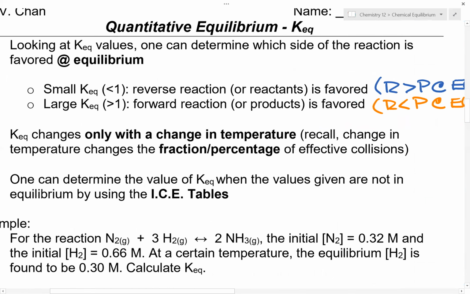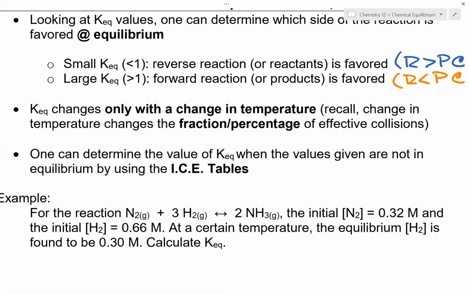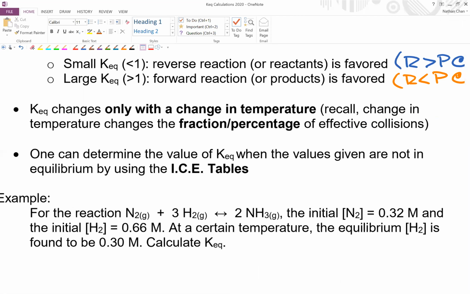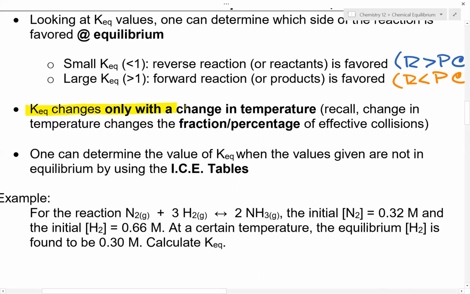Now, KEQ changes only with a change in temperature. Why? Remember, temperature changes the fraction or percentage of effective collisions. So if KEQ is based upon the ratio of products to reactants, the only thing that will change that ratio is a change in temperature.